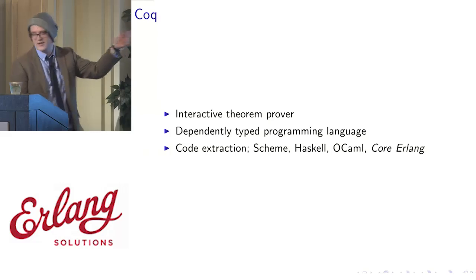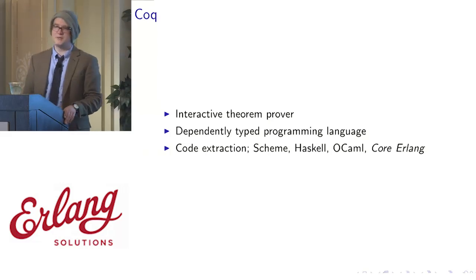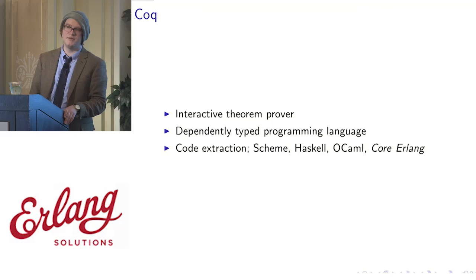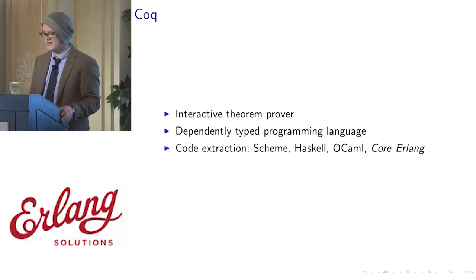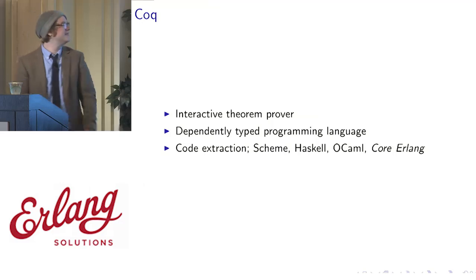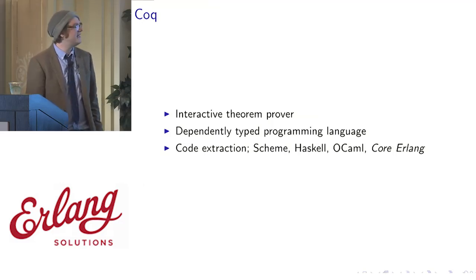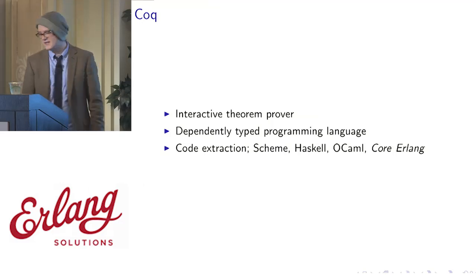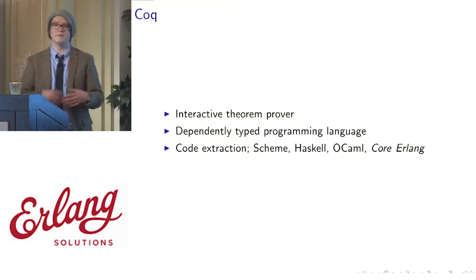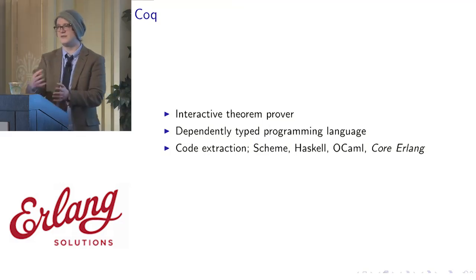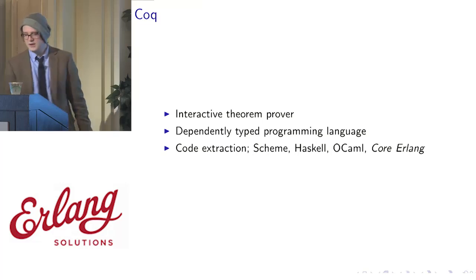And finally, Core Erlang is an experimental module that has been written by somebody named Tim Carstens, who built it as it appears to be as a school project, but it doesn't really say, and it's not really maintained much anymore. But it does have a bunch of examples with things like interval hash trees that have been implemented in the proof assistant and extracted out into an Erlang module that you can run.